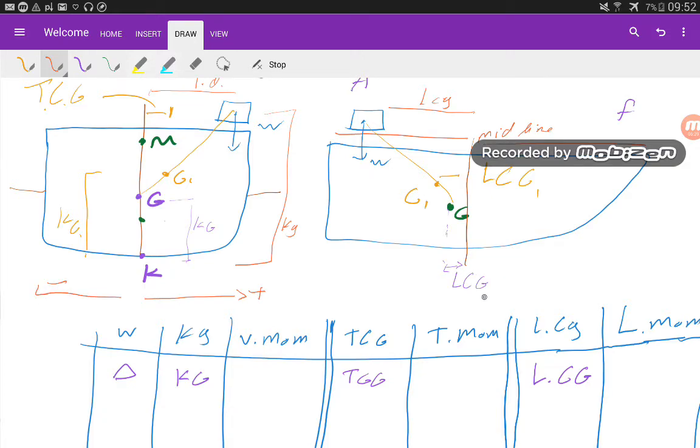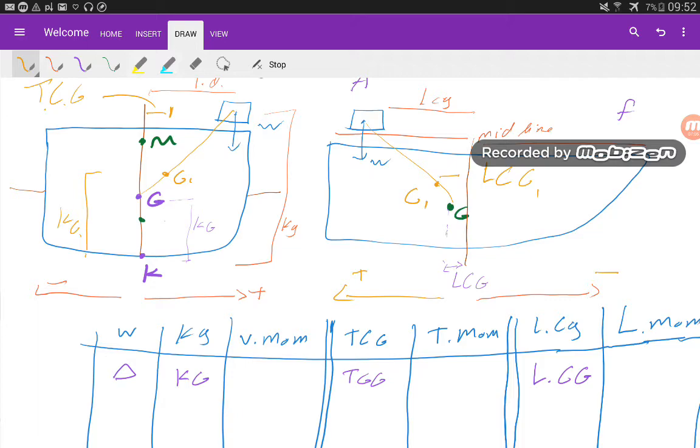From the midship, consider whatever is forward as a plus and whatever is aft as a minus, or vice versa: whatever is forward is a minus and whatever is aft is a plus. It doesn't matter how you define this plus and minus for yourself, you have to stick with that direction up to the end.